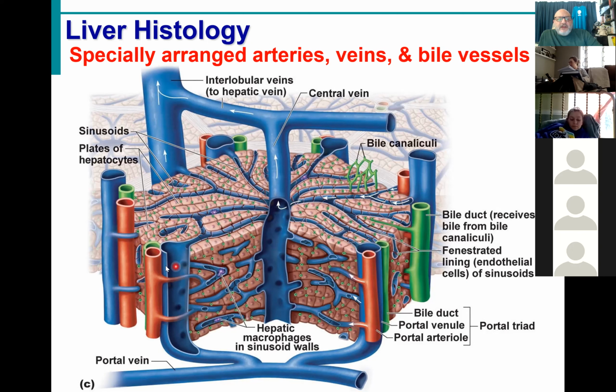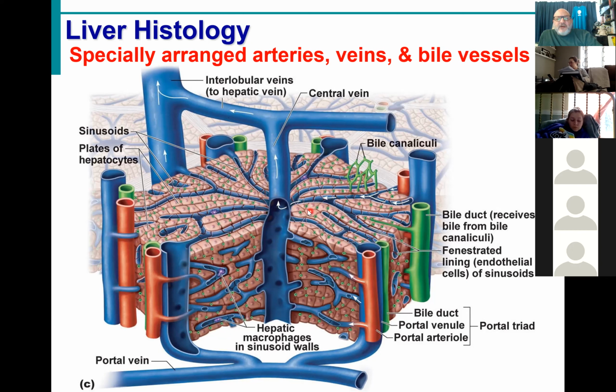And oxygen-rich blood mixed with nutrient-rich blood is processed by the hepatocytes and fed into the central vein. The central veins come together and feed into the hepatic vein and out of the liver.